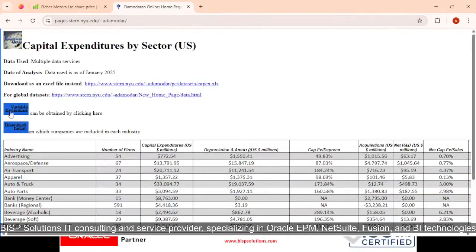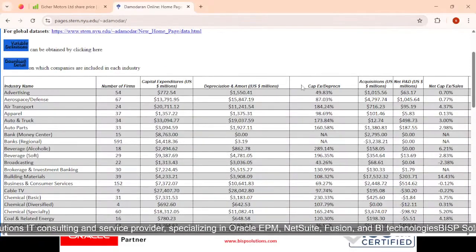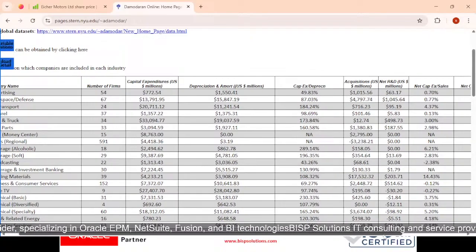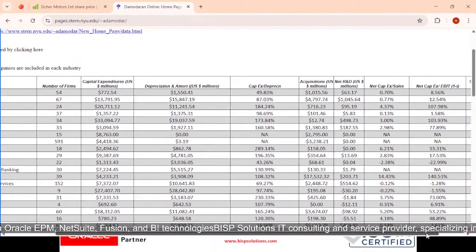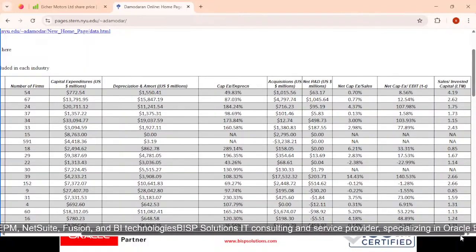And once you click on that, you will be getting whole data for industry, number of firms involved in this industry, and capex and depreciation, acquisition, net R&D, net capex sales, net capex EBIT, sales investment, and like that.